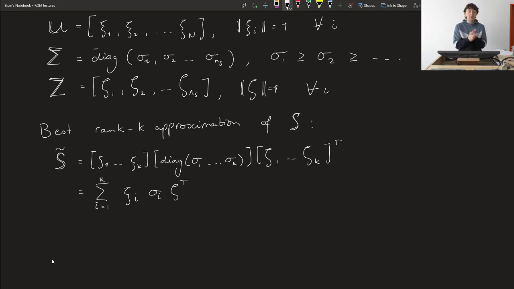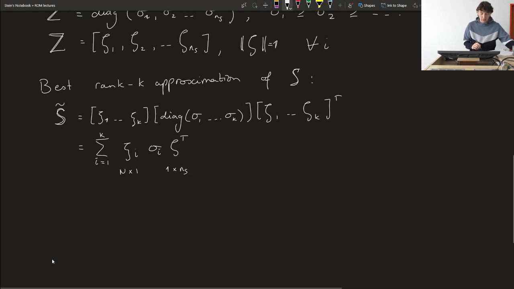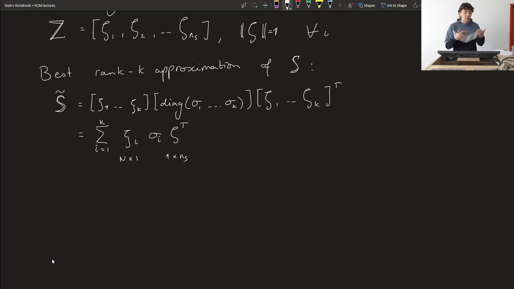So each of these is a matrix. If you work out the multiplication, this is a matrix of size n by ns. Yeah? So here we have n by 1. Well, this is a scalar, so this factors out. And here we have 1 by ns. And so each of those is a matrix, and if we add them together, we get more and more information.